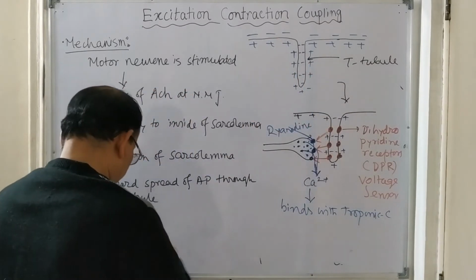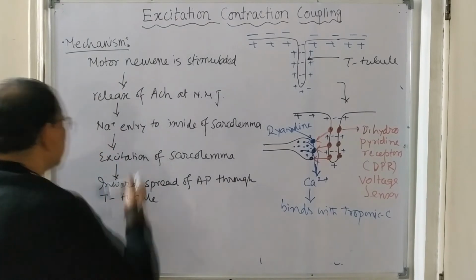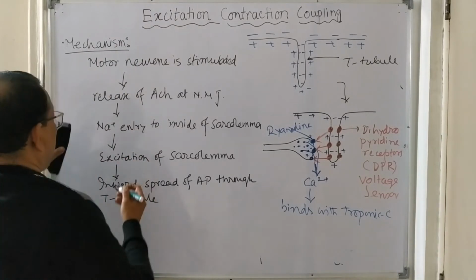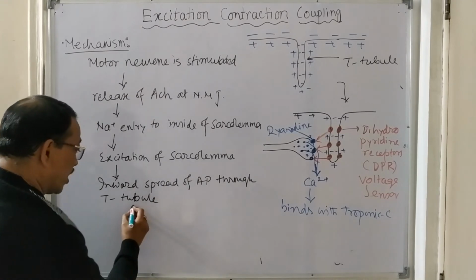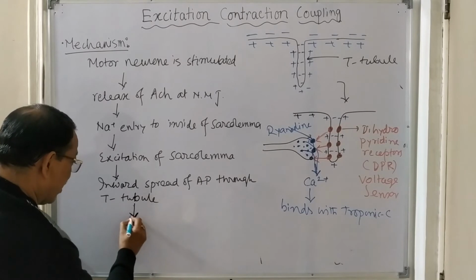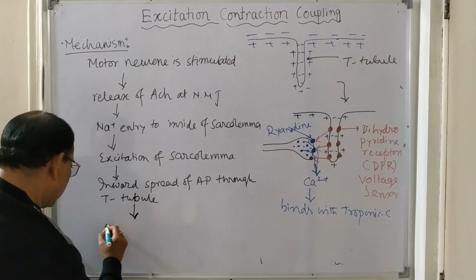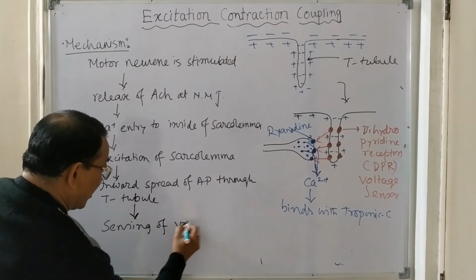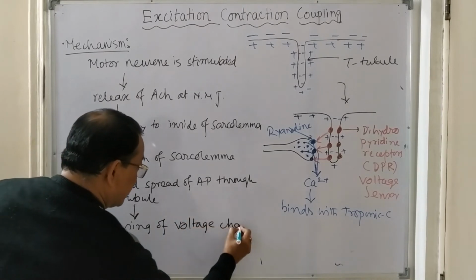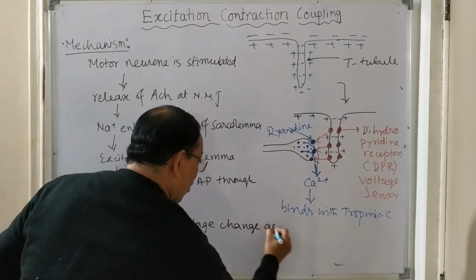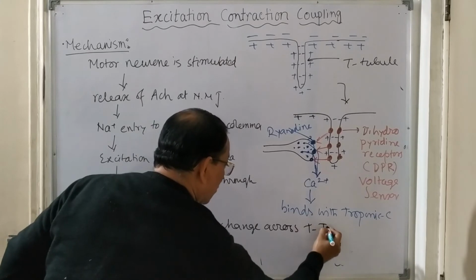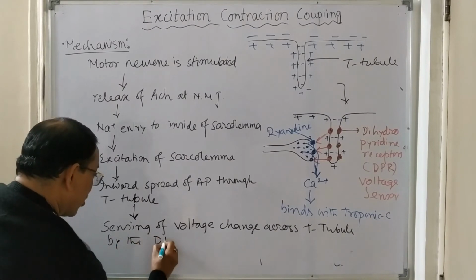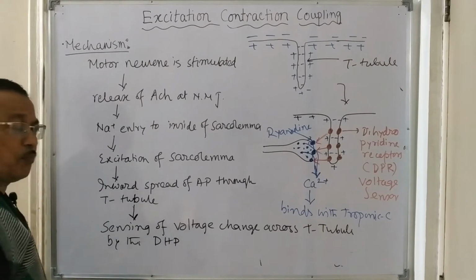Here you see, the inward passage of the impulse, the inward spread of the action potential through the T-tubule, results in the sensing of the voltage change across the T-tubule by the dihydropyridine receptors.